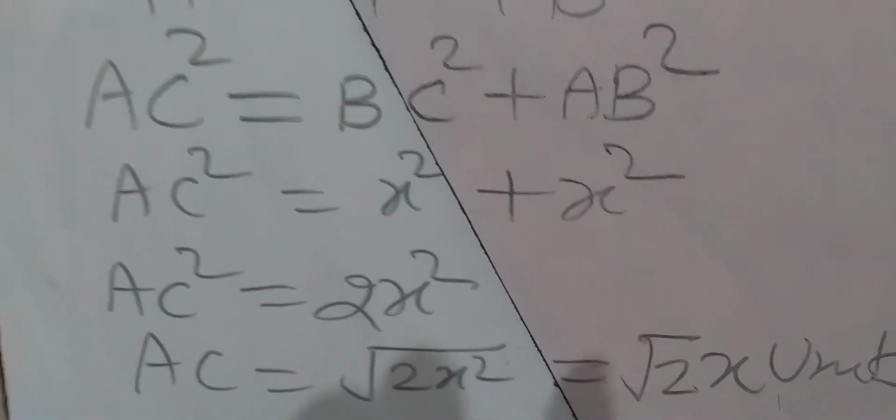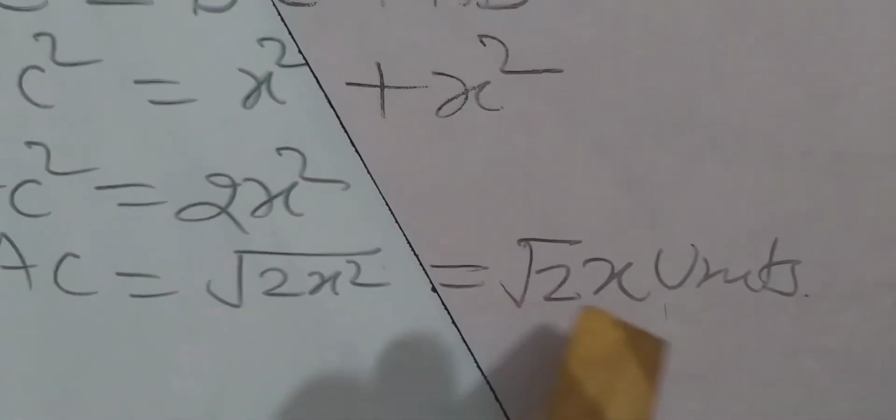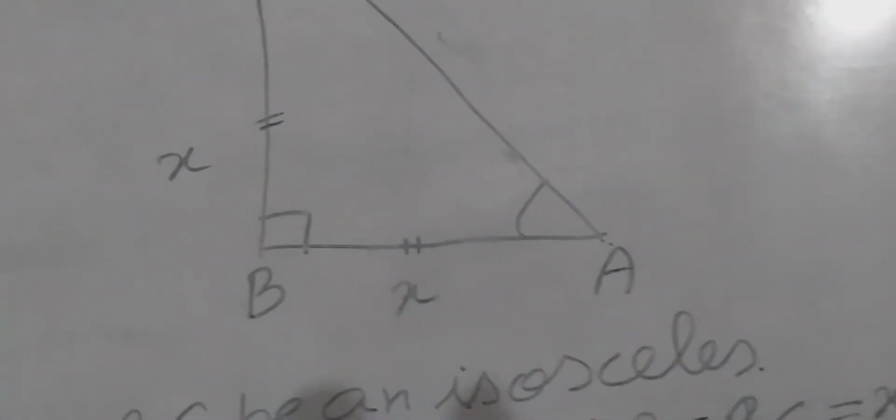We can add x square plus x square. AC square equals 2x square. AC equals root 2x square. It will be root 2 x units. Okay students, so we have got here AC equals root 2 x.